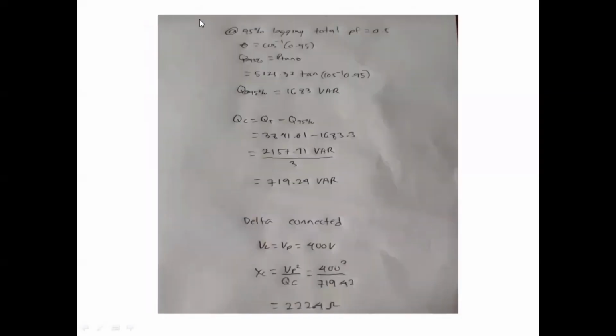Then at 0.95 lagging power factor, theta is equal to cosine inverse of 0.95. The reactive power at 0.95 equals P tan theta, then 5,121.32 tan of cosine inverse 0.95, which equals 1,683 VAR.